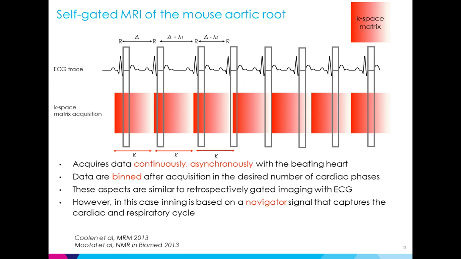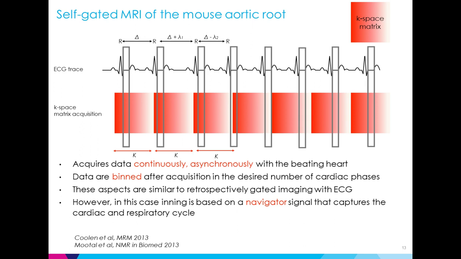However, the ECG itself, especially for such an approach where K lines are acquired continuously and gradients are working almost constantly, I would say, ECG approaches in mice at high field, as we're using, are not very effective because the gradients from the magnet themselves create currents in the heart that distort the ECG signal.